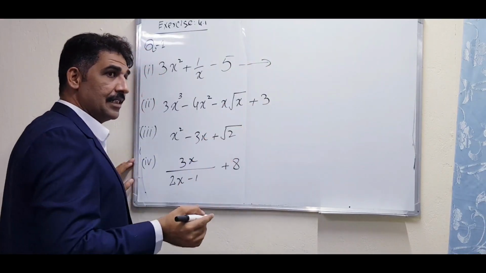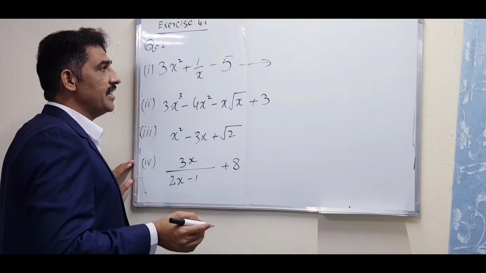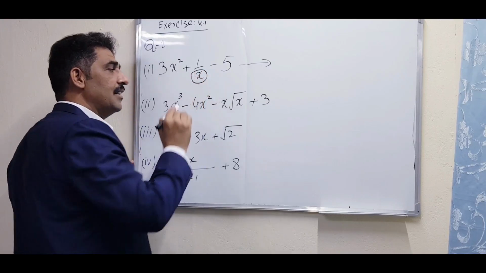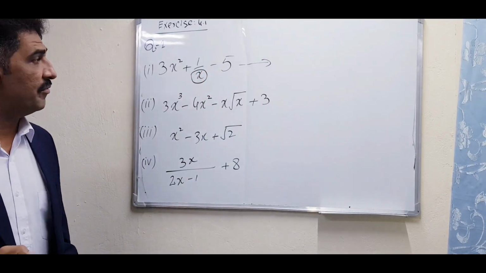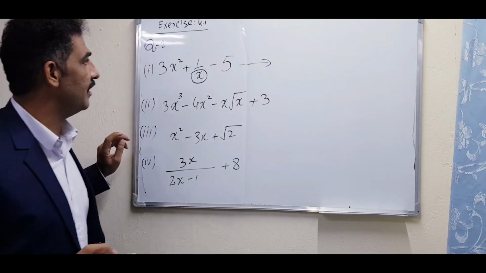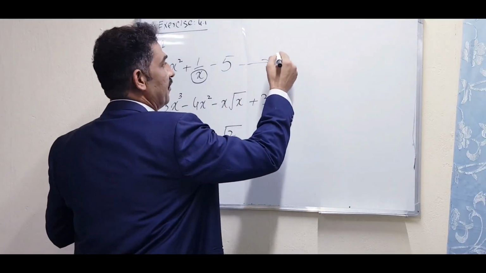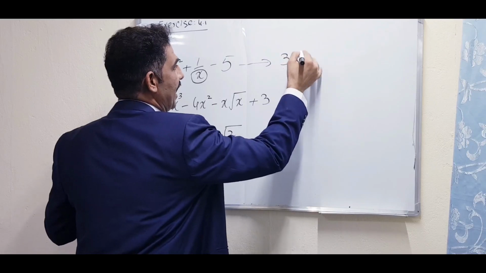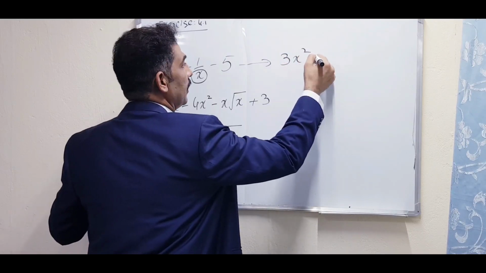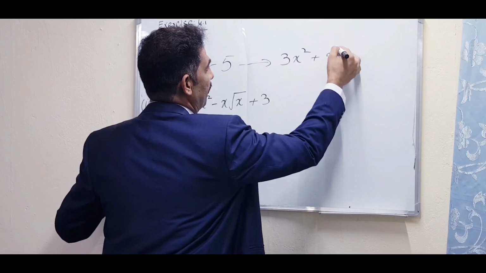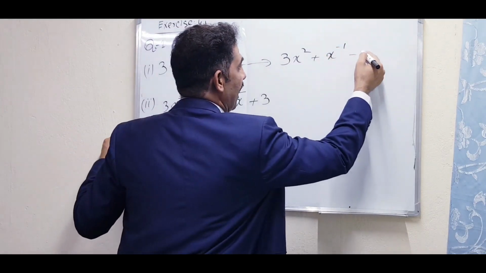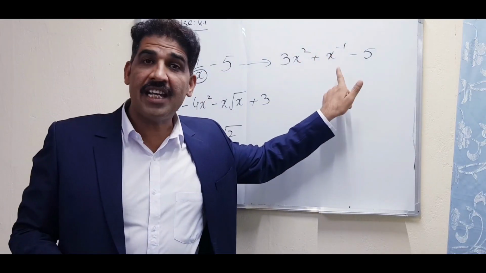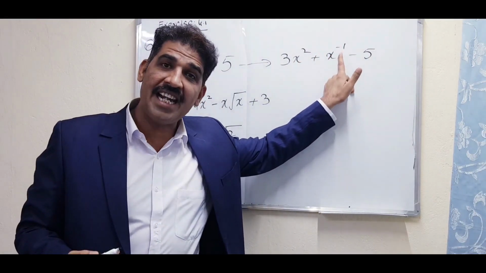This is not a polynomial. Good. Why is this not a polynomial? Because here you can see x in the denominator. When we shift it into the numerator, the simplification in the next step will become 3x square plus x raised to the power minus 1 and minus 5. Here the variable has power negative 1.